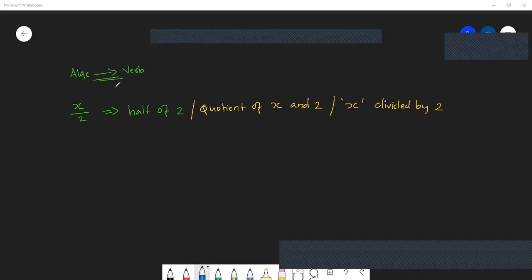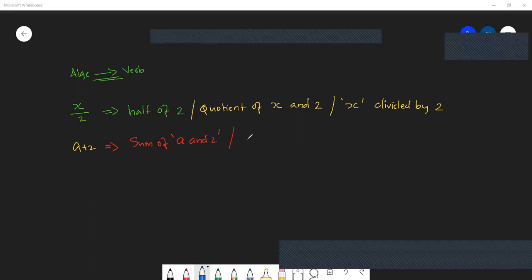Say for example, another one, a plus 2. What will be the corresponding verbal expression? You can write sum of, because this is a plus sign, sum of a and 2. These are the two numbers used.